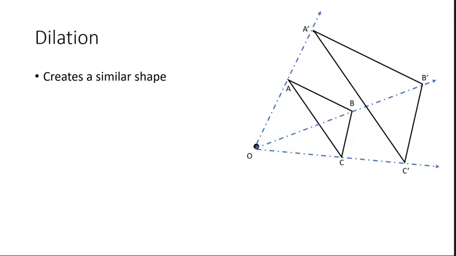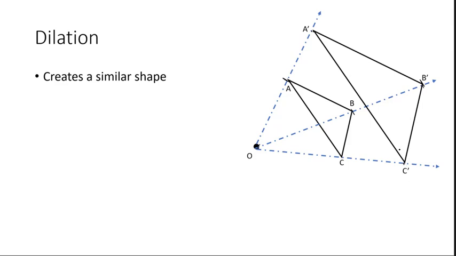If you measure the distance from O to B, for example, and here we're about doubling it, so let's say we double that length, that would give you this point over here. Then if you measure the length from O to A, we double that distance to get this new point over here, A prime. And again, O to C, if we double that, we get this point over here, C prime.